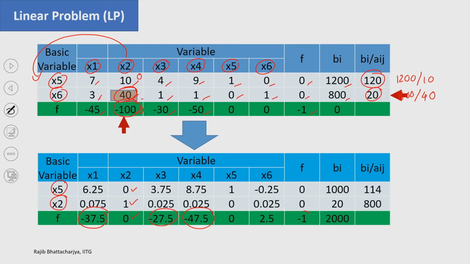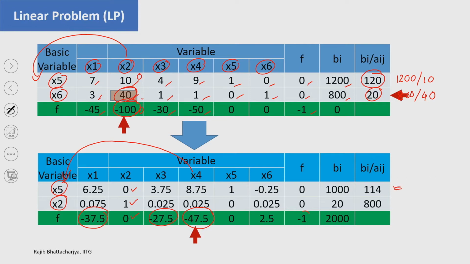I have to take the minimum one. So, minimum one here is that 40 minus 47.5. So, therefore, x4 will come into the basis. Now, whether x4 will replace x5 or x2. So, let us look at the ratio here.